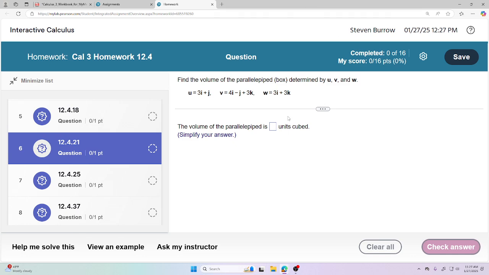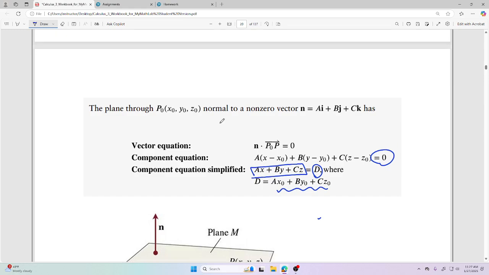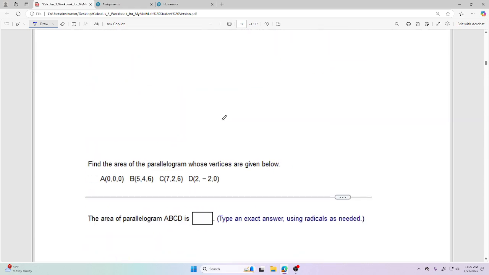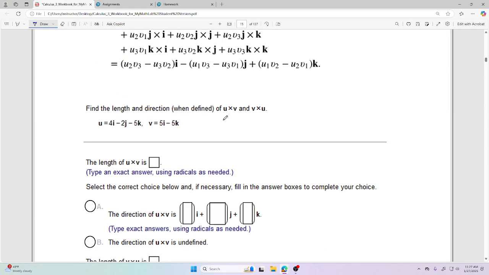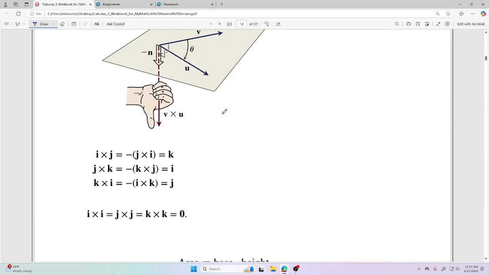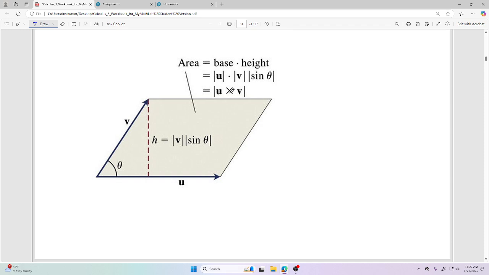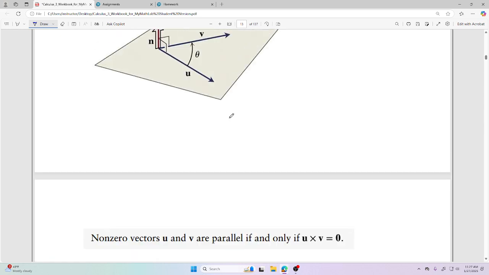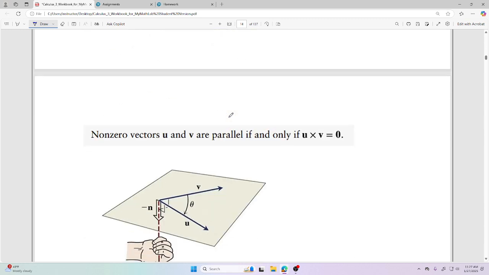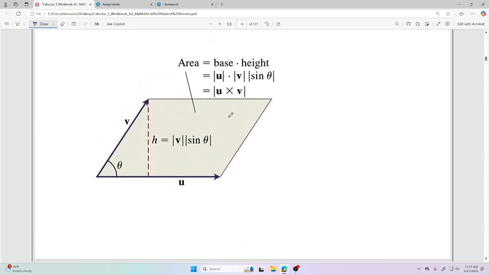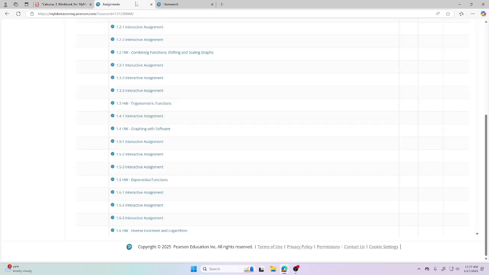So there's a formula for the volume of a parallelepiped, and it's like you cross 2 of them and then you dot one of them or something. I had to write it down, didn't I? Because it was in the book. I think though it's cross product and then you dot it with the other guy. Okay.